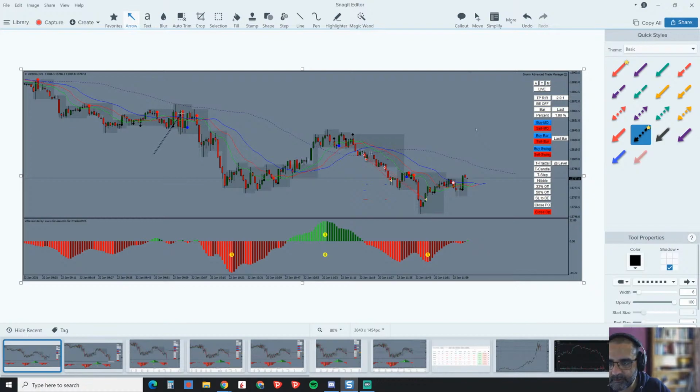Just got in here, got out there, and then waited through this, got in here again, took a quick sell here. Then I got in here where it whipped me again, so this profit was gone and I was sitting on kind of break even. Then there was another pullback available on this, but once I get whipped here, I don't take it unless it breaks the low of this.